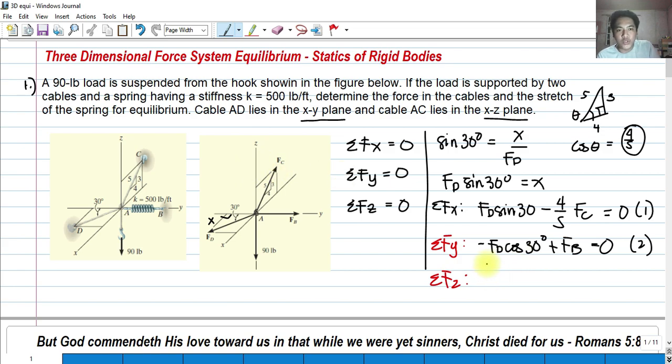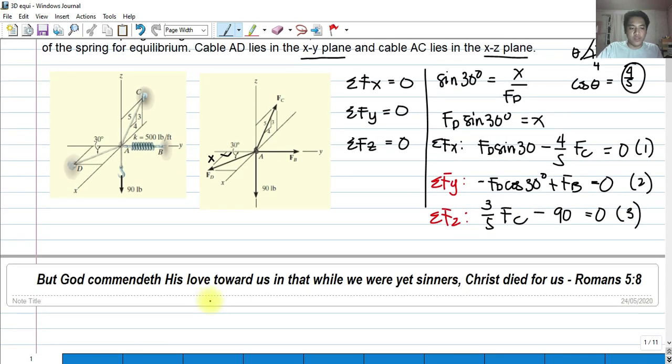So it should be 3 over 5 F sub C. The other force acting along z is the 90, and it's going downwards, so by convention, that's minus 90 equals 0. And that is our equation 3.